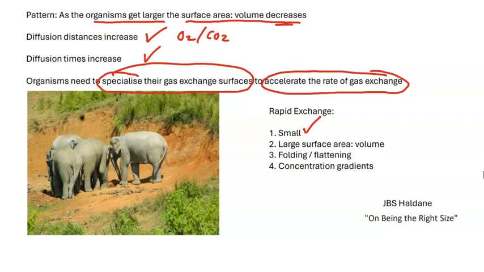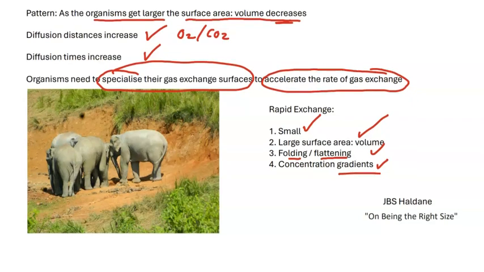How those adaptations, those specializations in shape and form, result in large surface area to volume ratios. And this is achieved either through folding inward or outward, or indeed by flattening surfaces, and also by creating effective concentration gradients. So this will form the content of the rest of this part of the syllabus.